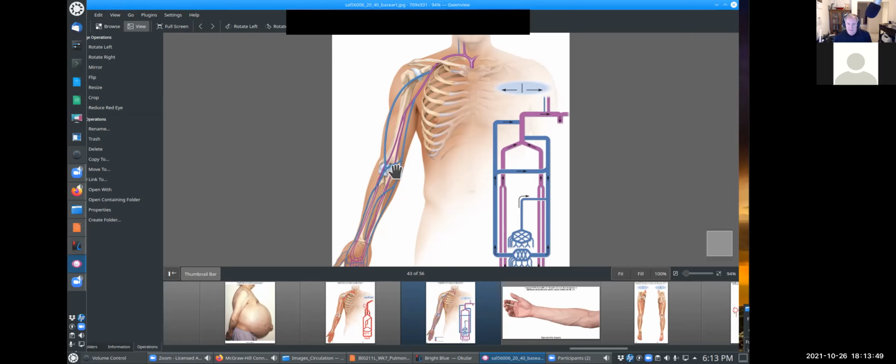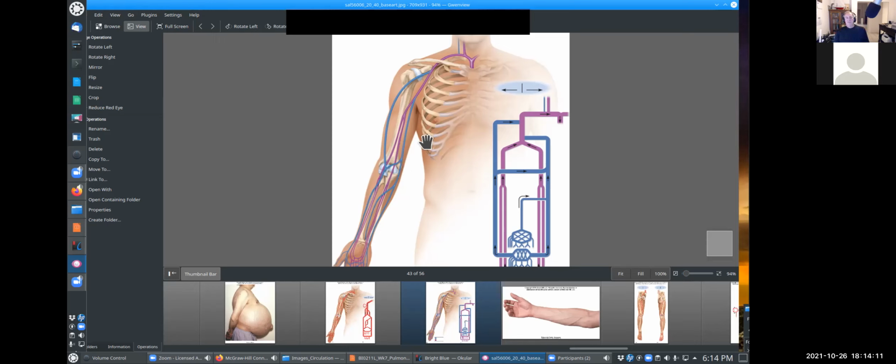As you were saying, the median cubital right here, those are actually kind of important veins to remember, because if anybody's going to draw blood or start IVs, it's going to be cephalic, median cubital, maybe basilic.